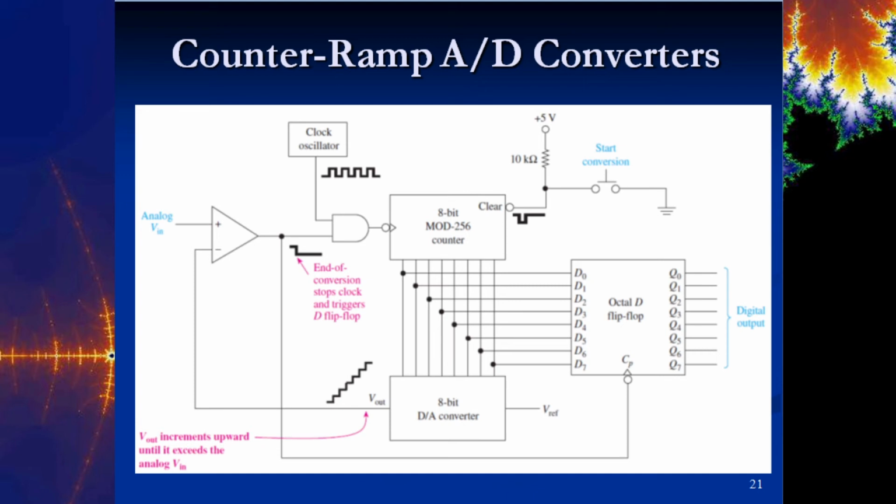So what we're going to do is keep increasing the count, which is going to change the output of the digital analog converter to the point where this one will be equal to this, and then it will eventually try to surpass it.